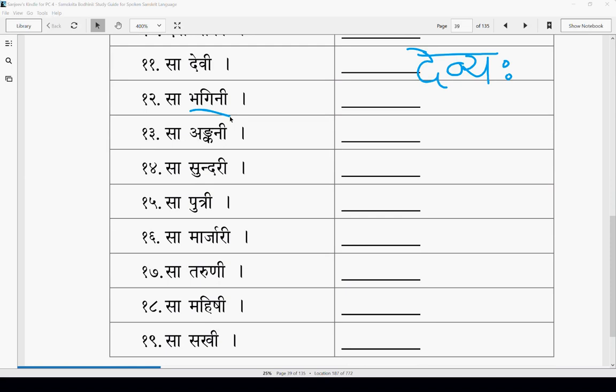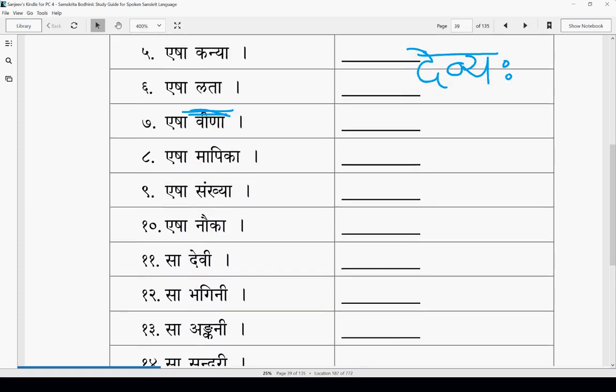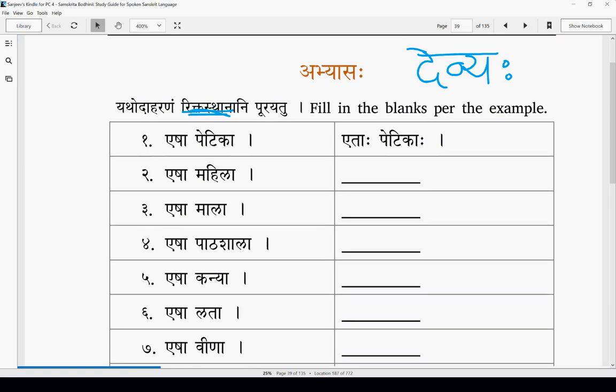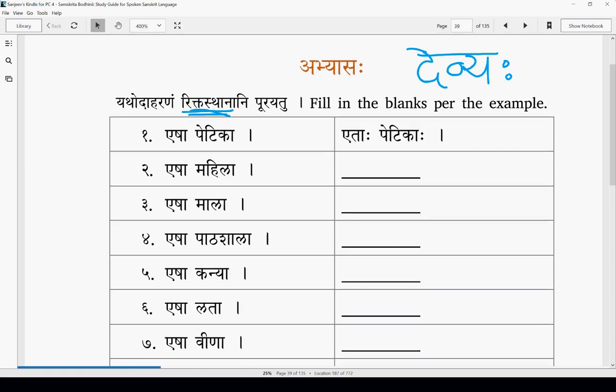Sa Bhagini. And then it would become Etaha Bhaginyaha. So Sa changes to Etaha.